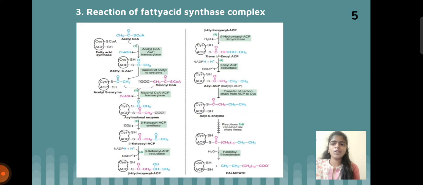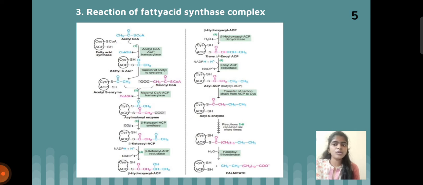Here the acyl malonyl enzyme is now further formed into beta-keto-acyl ACP by the enzyme beta-keto-acyl ACP synthase. Here the carbon dioxide is released. The beta-keto-acyl ACP is now formed into beta-hydroxy-acyl ACP by the enzyme beta-keto-acyl ACP reductase. Here NADPH2 is oxidized to NADP+.